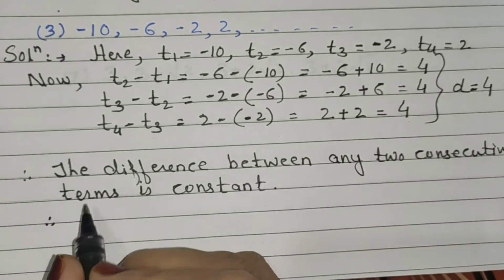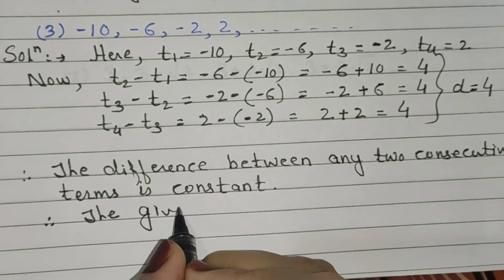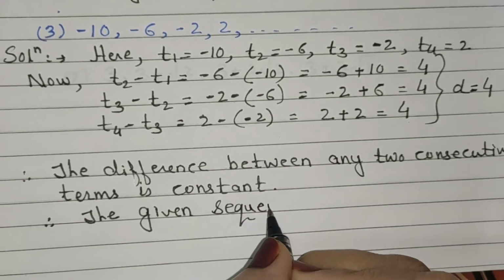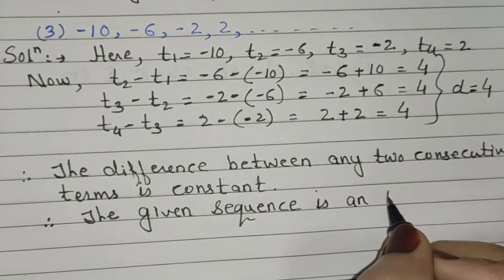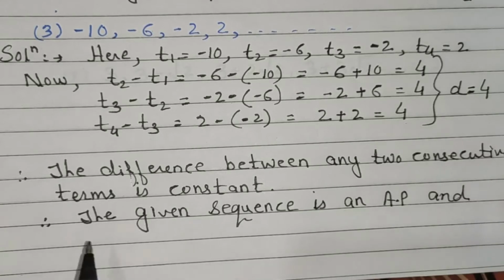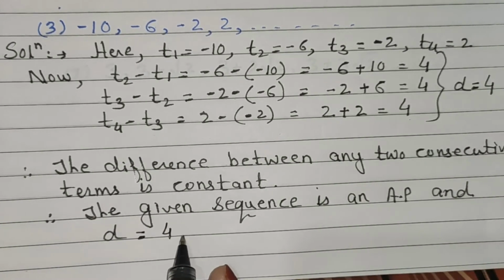Therefore, the given sequence is an AP. And common difference, the value of D is equal to 4.